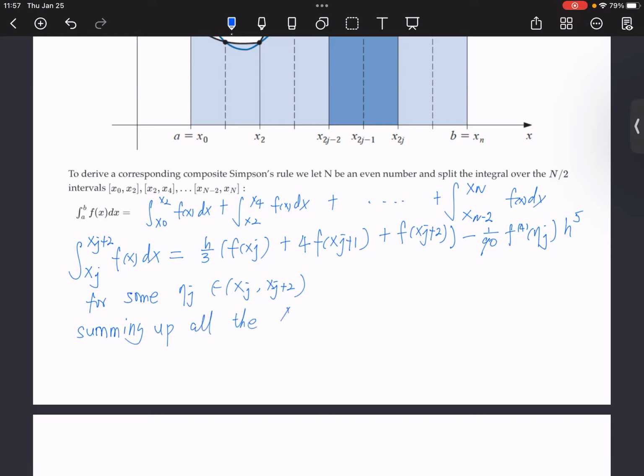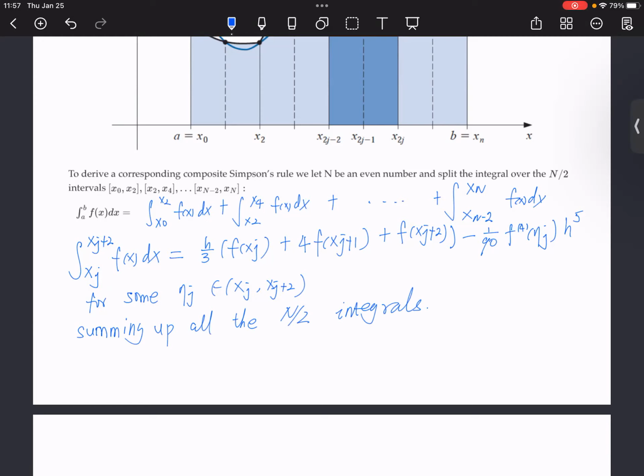We have n/2 contributions here, these integrals here. So we have x0, x2, x4, and then up to xn, which means that we have in total n/2 integrals.